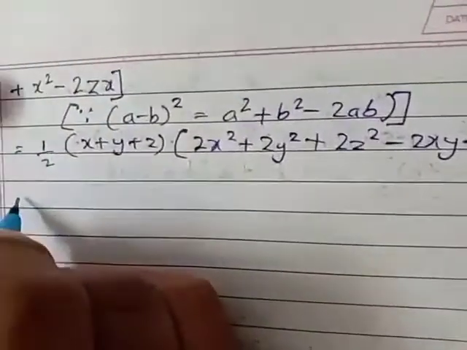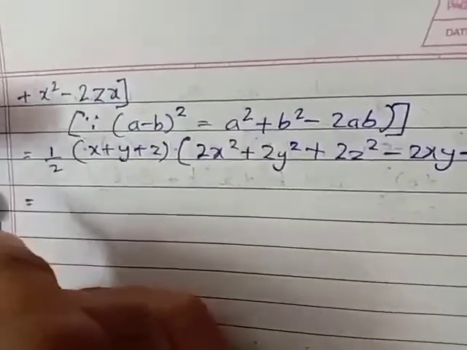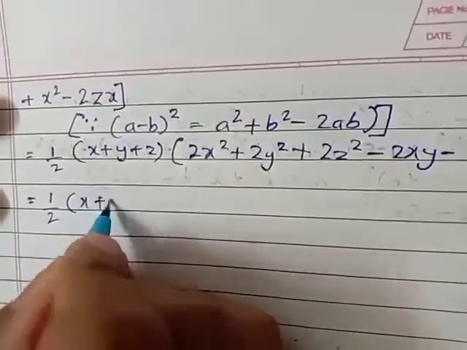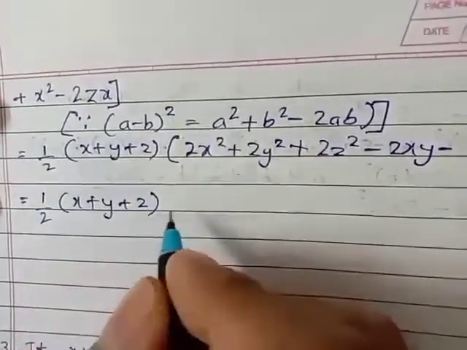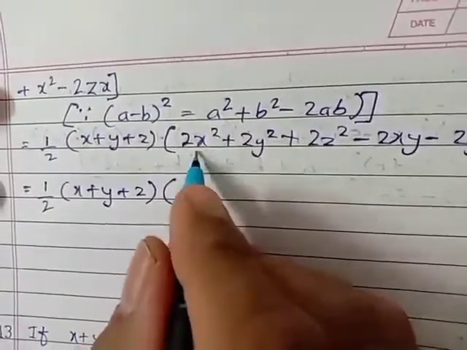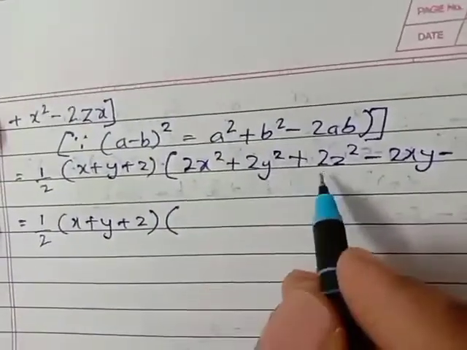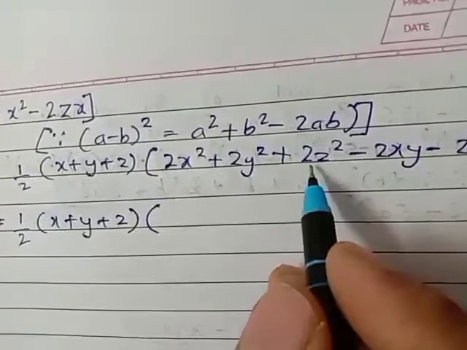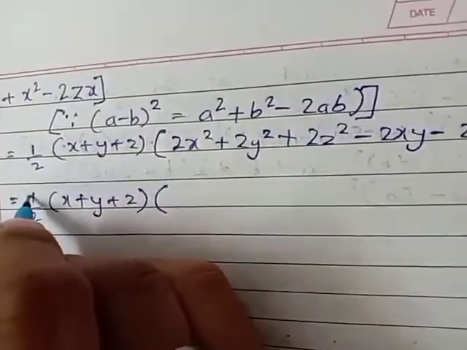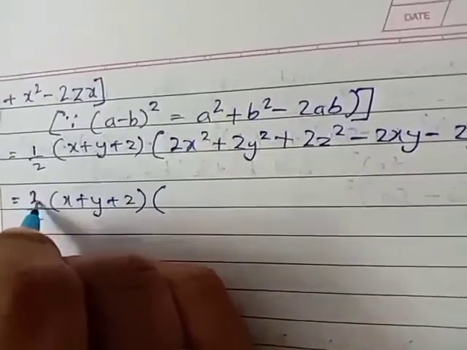So now this will be equal to half x plus y plus z into bracket 2x square plus 2y square plus 2z square. 2 is common, so we'll take the 2 out.